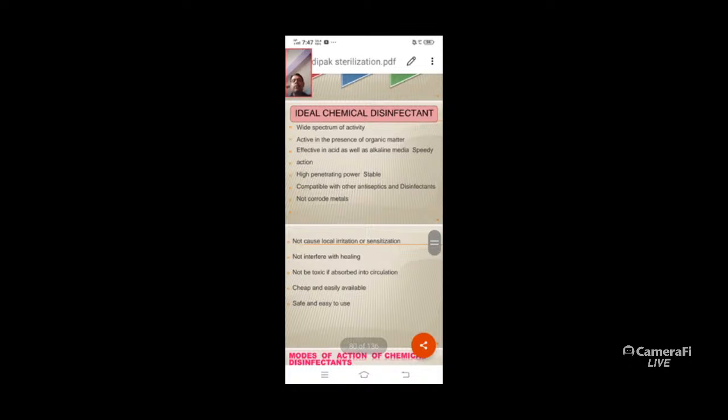Other important properties of the ideal chemical disinfectant: non-toxic, non-irritant, not absorbed into the circulation, cheap and easily available, safe and easy to use.